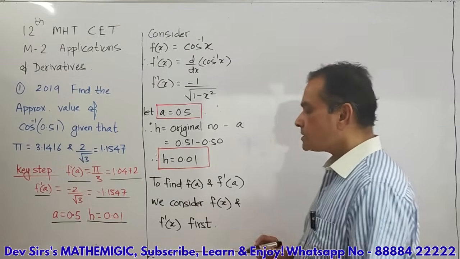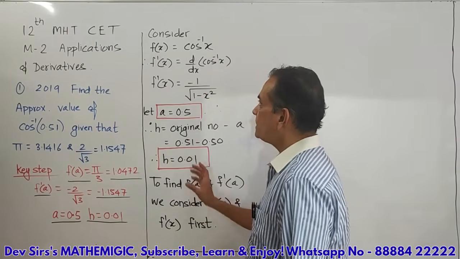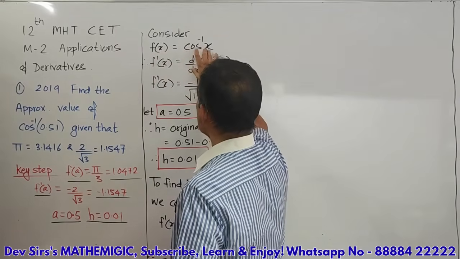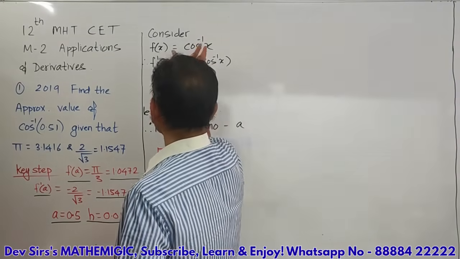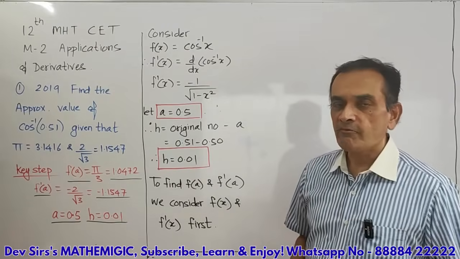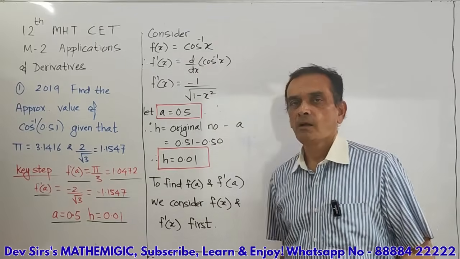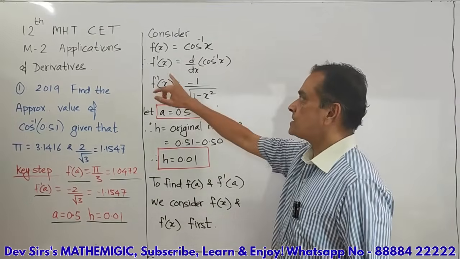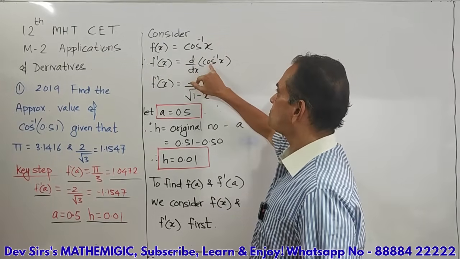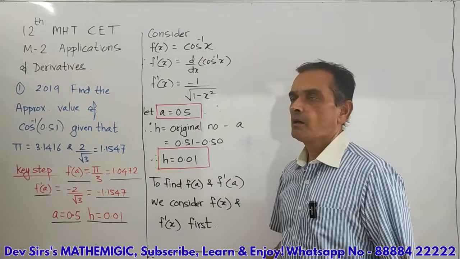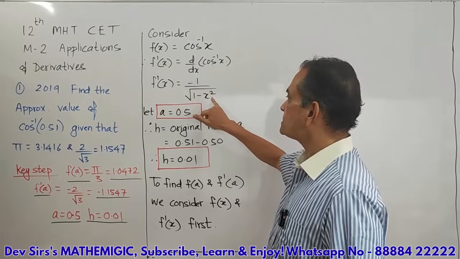Now, because the value asked is cos inverse 0.51, we consider fx equal to cos inverse x in general. Cos inverse is asked, so it is a cos inverse function, so we'll call it fx. Derivative of fx: f dash x equal to d by dx of cos inverse x, so f dash x equal to minus 1 upon root of 1 minus x squared.